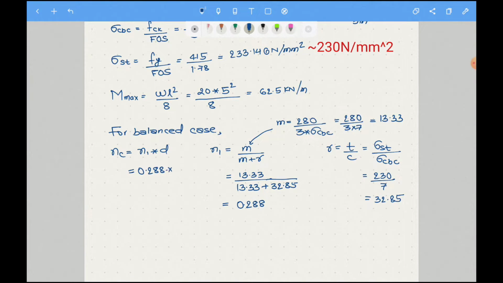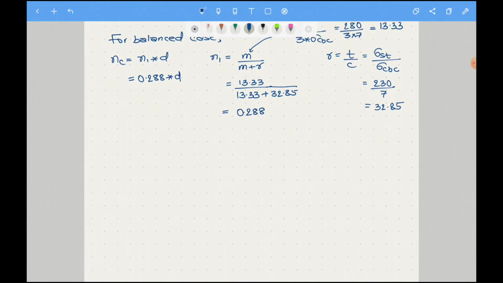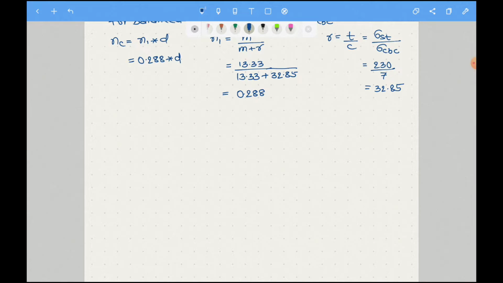0.288 times the value of effective depth. We are still to find the value of D. So moving on, for the balanced case, the moment of resistance should be equals to the maximum bending moment.